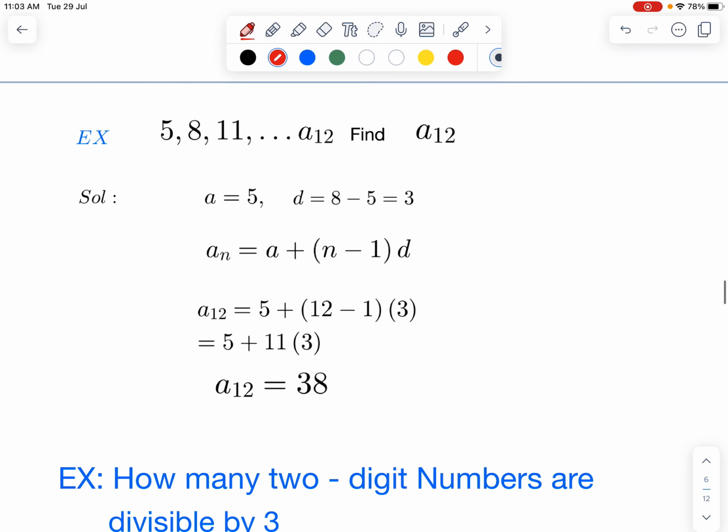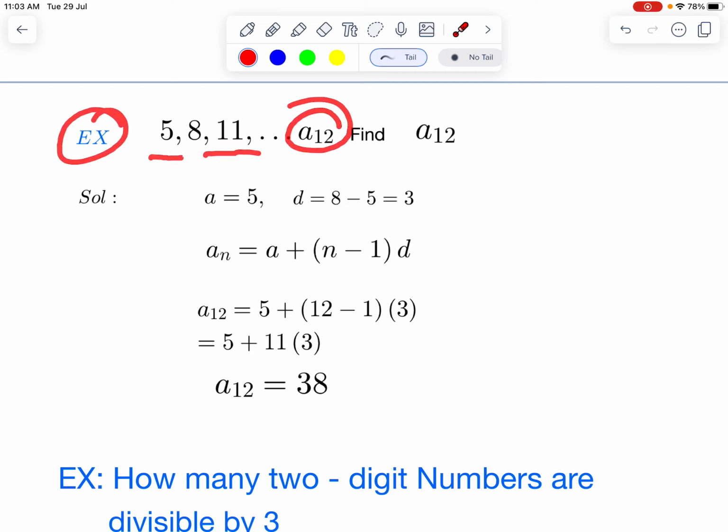Next example, 5, 8, 11, and so on. Find a12. Here already we are given one formula, an is equal to a plus n minus 1 into d. This is the first term, therefore a is equal to 5. d is equal to 8 minus 5, the common difference, that is equal to 3.